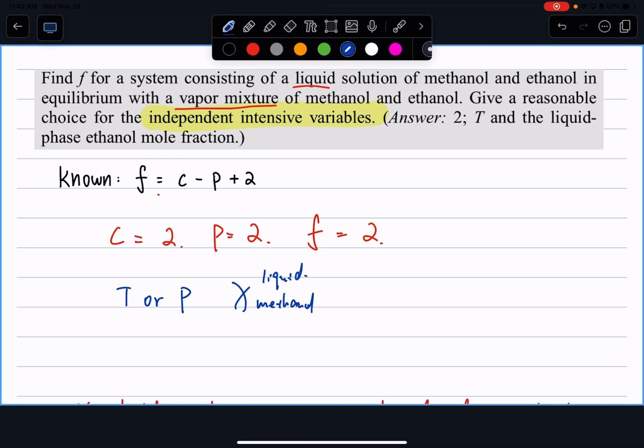So obviously a choice of like the mole fraction of liquid methanol and the liquid ethanol doesn't work because they're dependent on each other. One thing you might want to think about is why you can't choose temperature and pressure for this question, or why we're not choosing temperature and the vapor mole fraction of your ethanol. So think about that while we work on it. That's related to some of our previous discussion on the ideal gas mixtures and so on. All right.